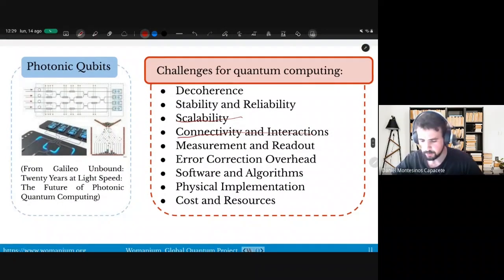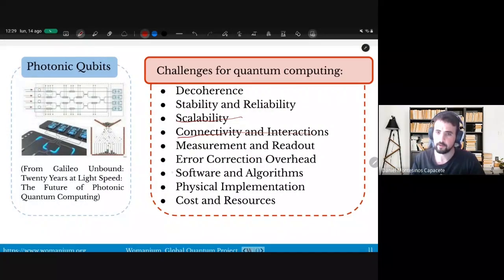Measurement is also sometimes complicated. There is a lot of error in quantum computation, and that's why error correction is quite a big branch of quantum computing, and it's one of the main reasons quantum computers need so many qubits in order to do proper calculation. Also, this has more to do with developing algorithms, but we need to put work into developing software and algorithms, since quantum computing works differently, with this quantum superposition.